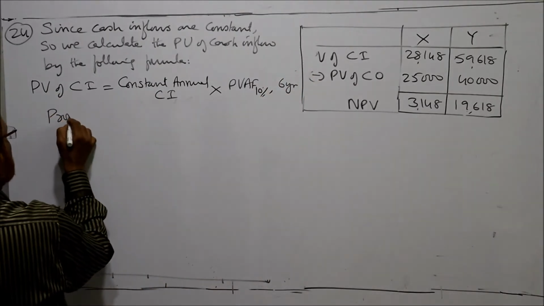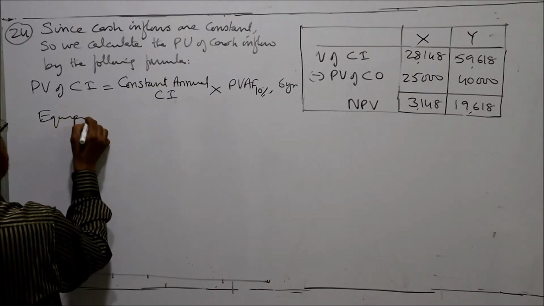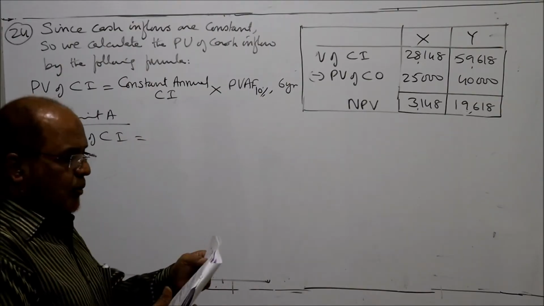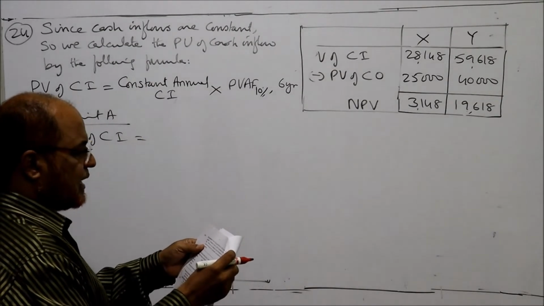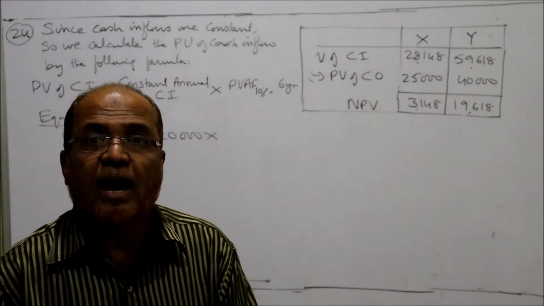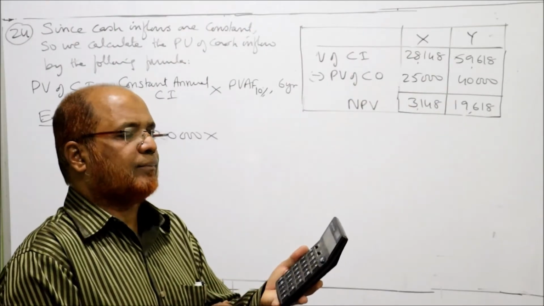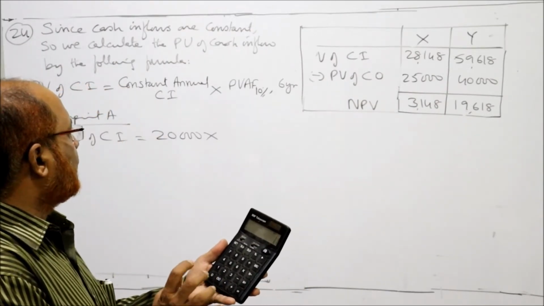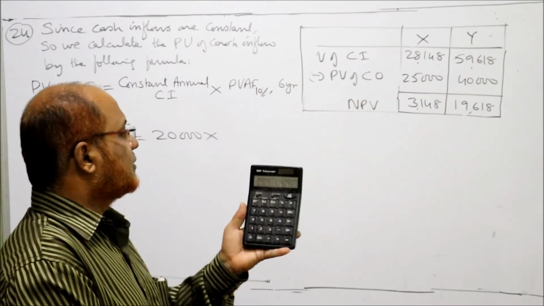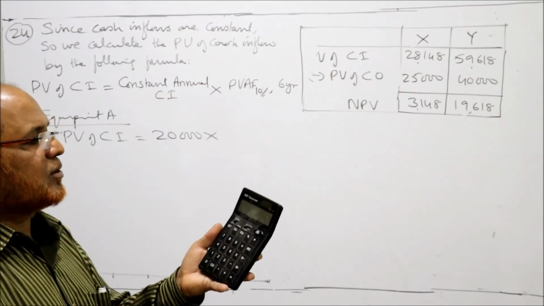So first we take equipment A. PV of cash inflow is every year 20,000 we are getting into annuity factor 10% for 6 years. So 1 divided by 1.1 is equal to 0.909.